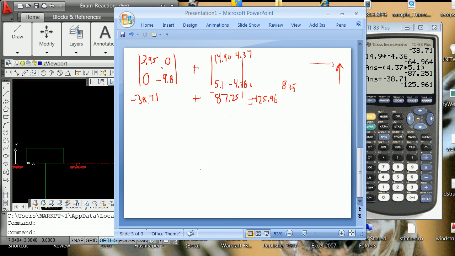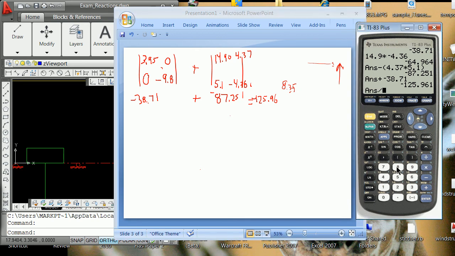That's this reaction going this way, and this one you've got to divide then by force times distance. You take that divided by 8.35 to get the reaction. So you divide this by 8.35 and get a reaction of 15.10.